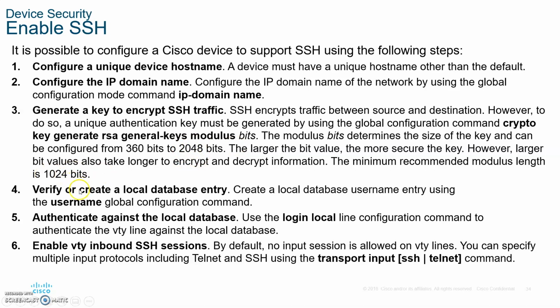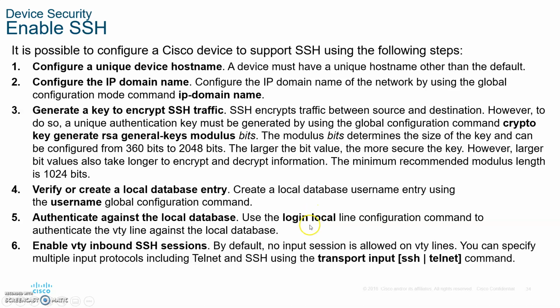Verify or create local database entries. That means you have to have a username and a password. So type username admin secret and whatever password you want. Then you go to line vty 0 4 and type transport input ssh, and then you type login local.